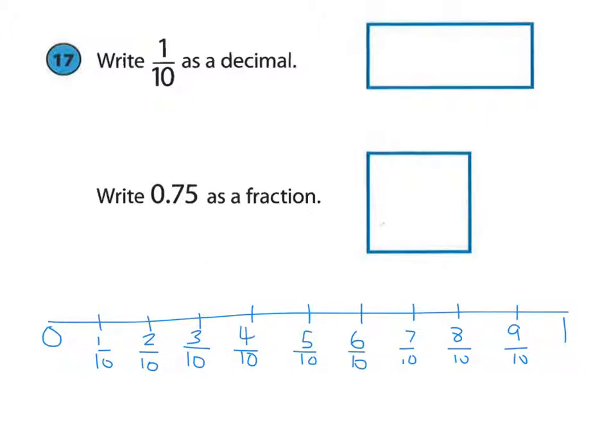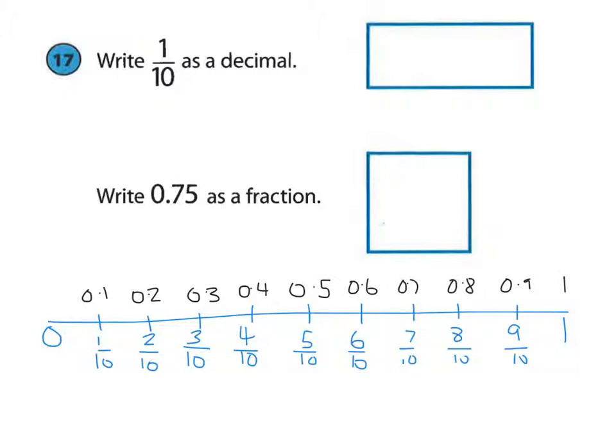If we match up the equivalents in decimals, we start in the middle. Half of 1 is 0.5, and then along the number line we would have 1/10, 0.1, 2/10, 0.2, 3/10, 0.3, 4/10, 0.4, 6/10, 0.6, 7/10, 0.7, 8/10, 0.8, 9/10, 0.9, and 1.